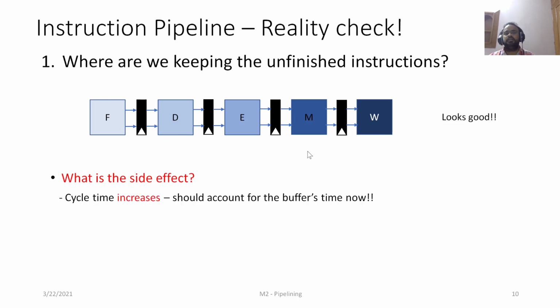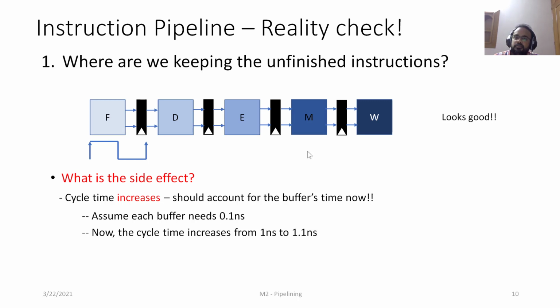The side effect is the cycle time. Now we should account for the buffer's time also. So earlier, let's say fetch stage used to take 1 nanosecond. Now we should account for the delay of the buffer also, right? Let's say if the buffer is taking 0.1 nanoseconds, now the cycle time would be 1 plus 0.1 nanoseconds.